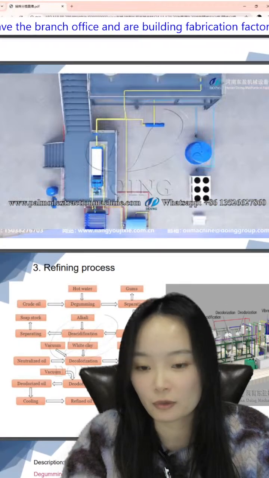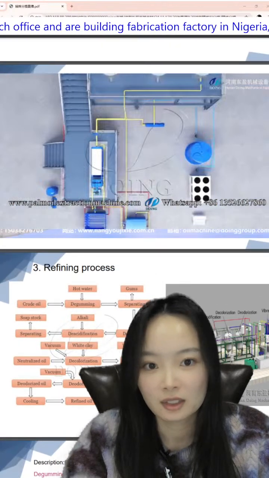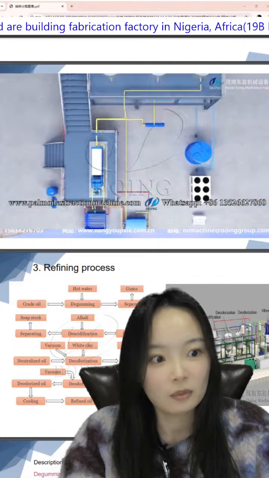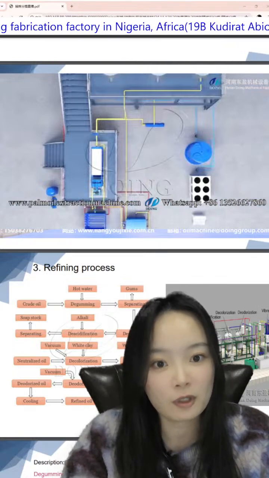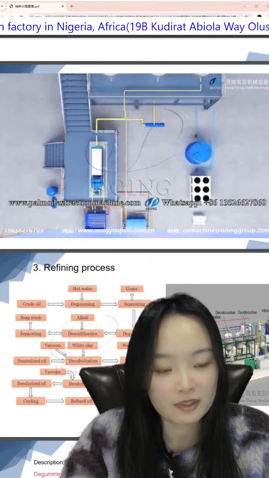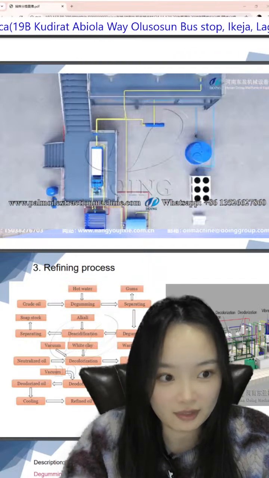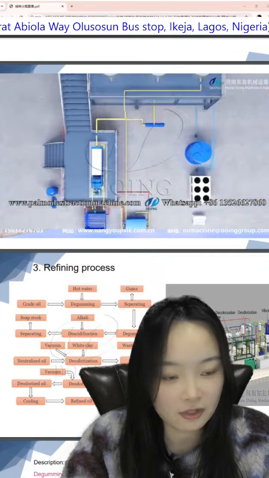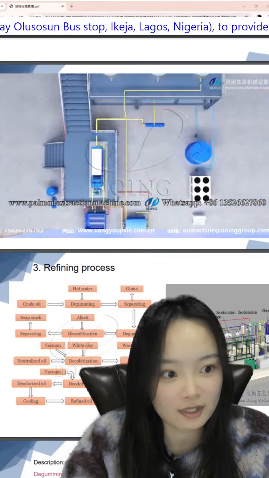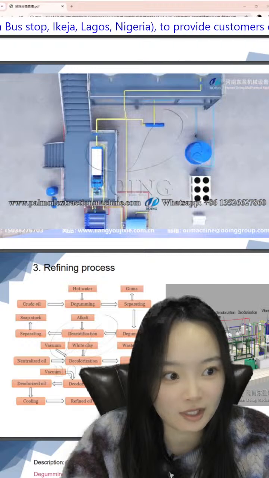Next part is the refining process. In the refining process, we usually have four parts. The first part is degumming, the second part is deacidification, the third part is decolorization, and the fourth part is deodorization.